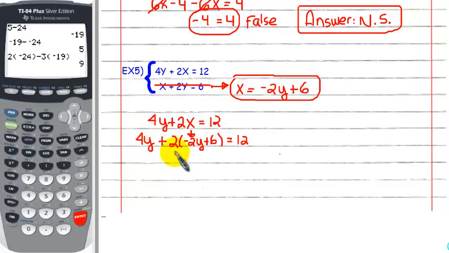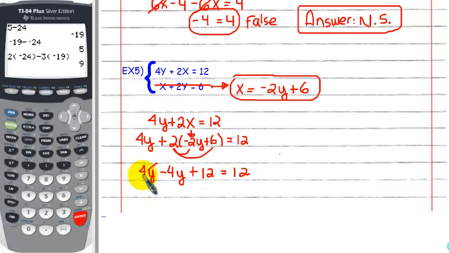Okay, remember to multiply. So this would be negative 4y, and positive 2 times positive 6 is positive 12, equals 12.